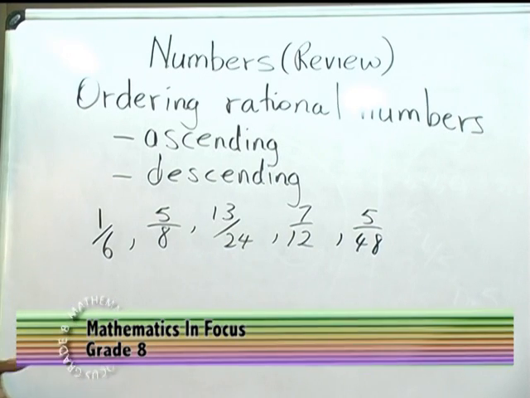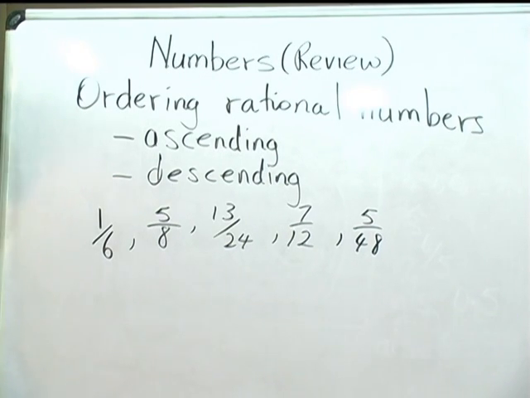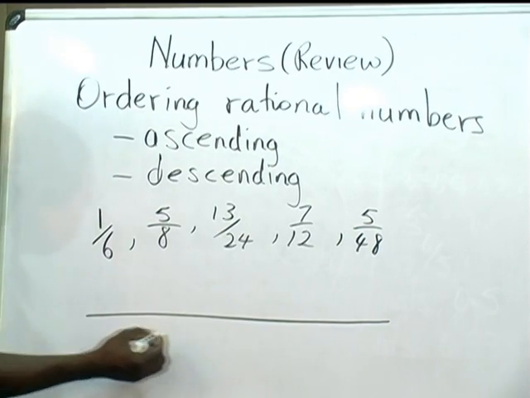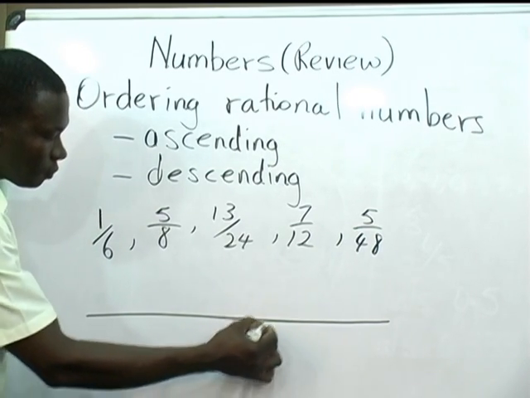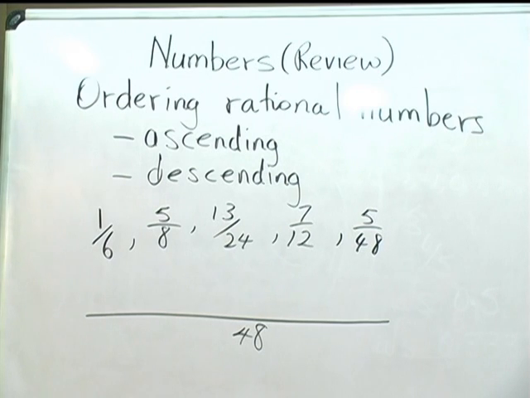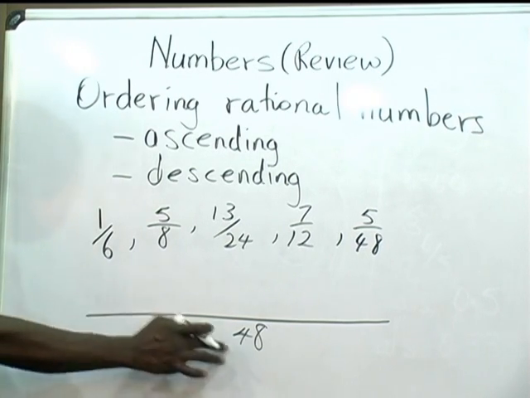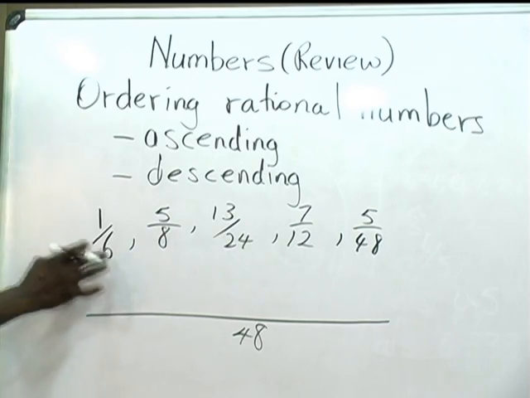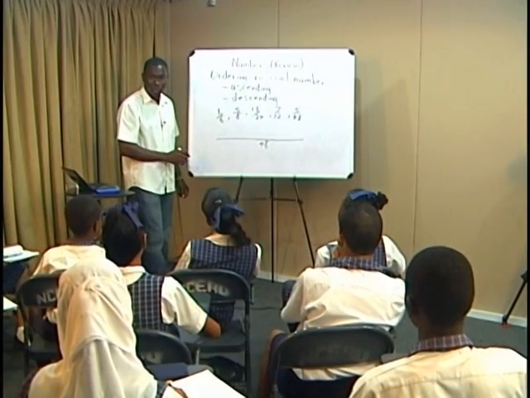Good. So we agree that 48 is the smallest number which all of these can go into. So just as when you're adding fractions, we can perform the same operation. We know 48 is the lowest common denominator, so we divide and then multiply as we would normally do if you're going to add. The only thing is we're not adding, we're going to separate them with commas.